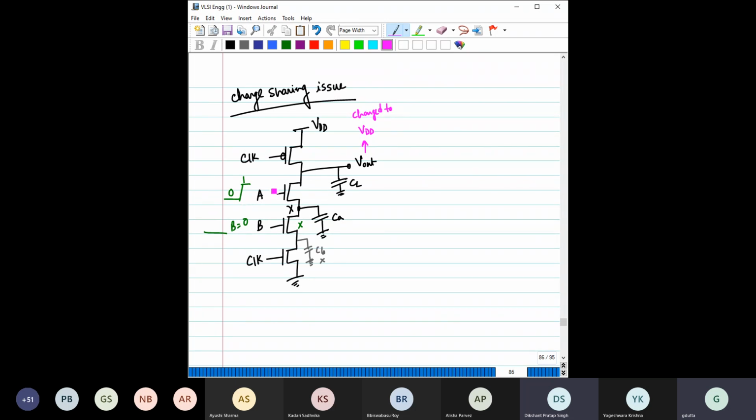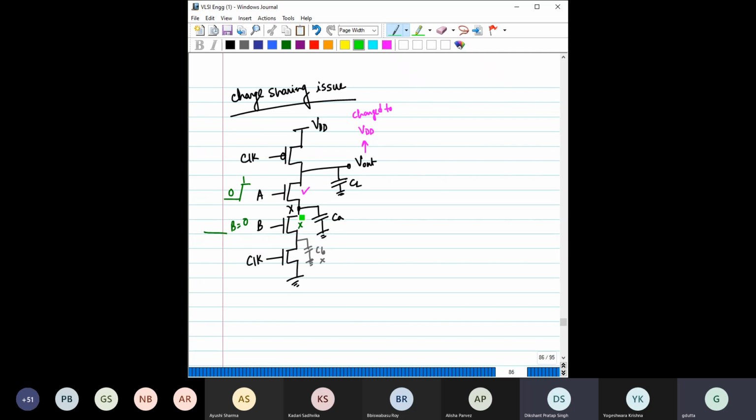Then we have an evaluation state, and during the evaluation state, say the input combination is A is 1 and B is 0. When A is equal to 1, this transistor turns on, so there will be a path which connects CL and CA. Say this resistance is pretty small, so there will be typically no voltage drop between these two terminals.